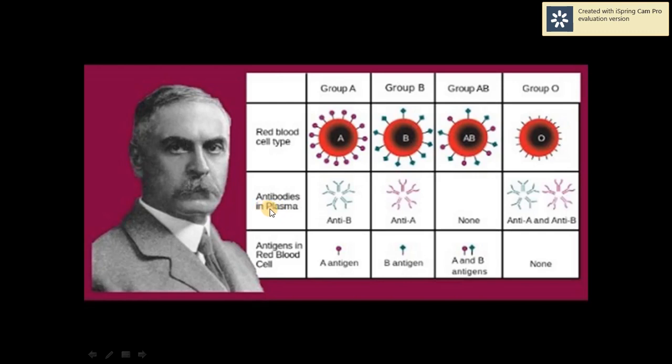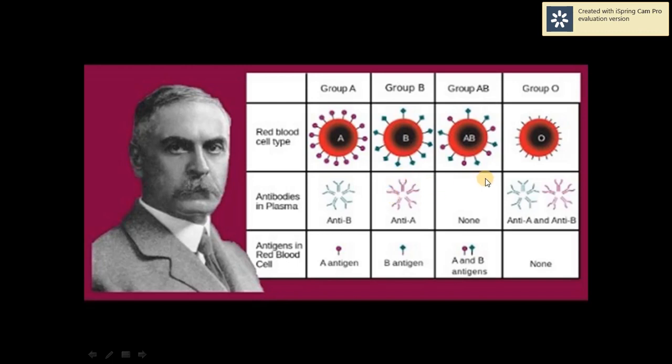So the antibodies found in the plasma were antibody B. Just remember, it will be the opposite. It was found that the RBCs having the surface antigen A had antibody B in their plasma. Whereas the blood group B, those RBCs which had the surface antigen B, their plasma had the antibodies A.